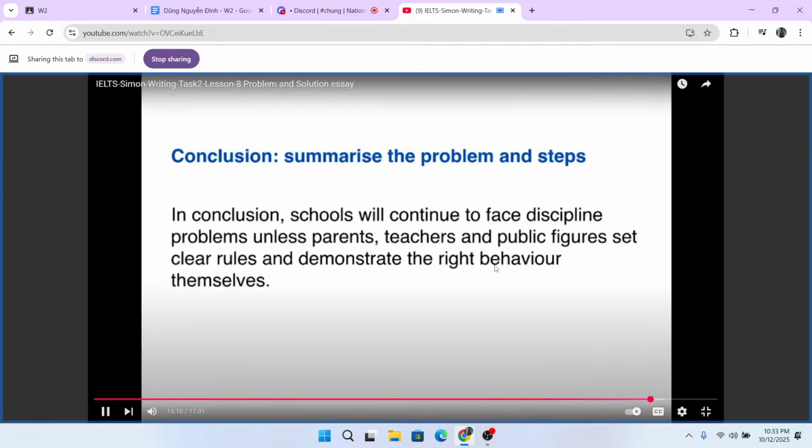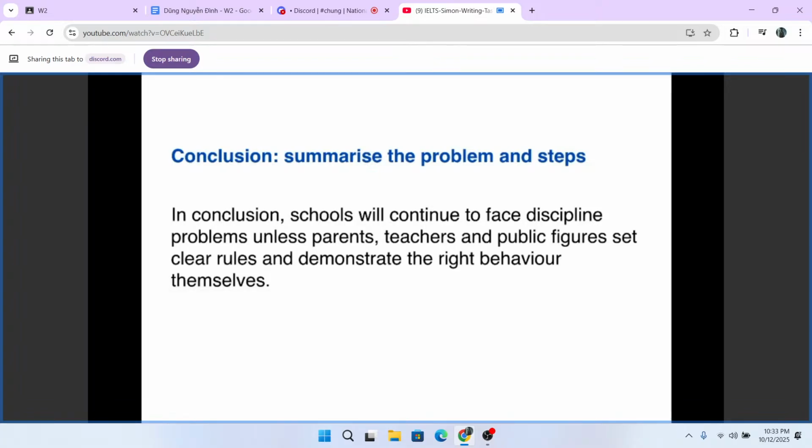We've repeated the problem of discipline, and we've mentioned those 3 groups who we thought are part of the problem but could be the solution. The parents, teachers, and this time we've said public figures instead of famous people. That's nice vocabulary. Set rules and demonstrate the right behaviour.